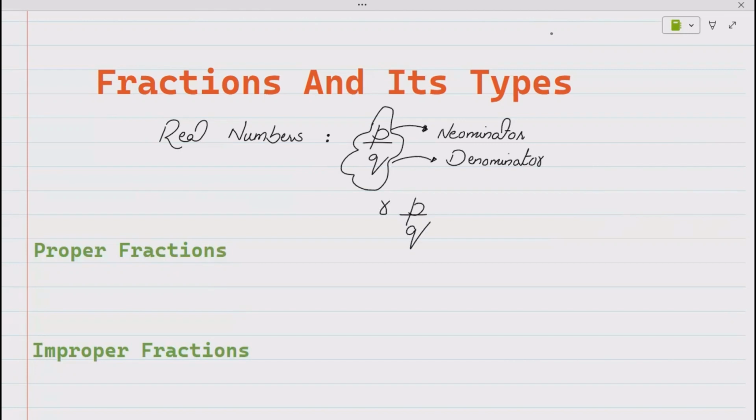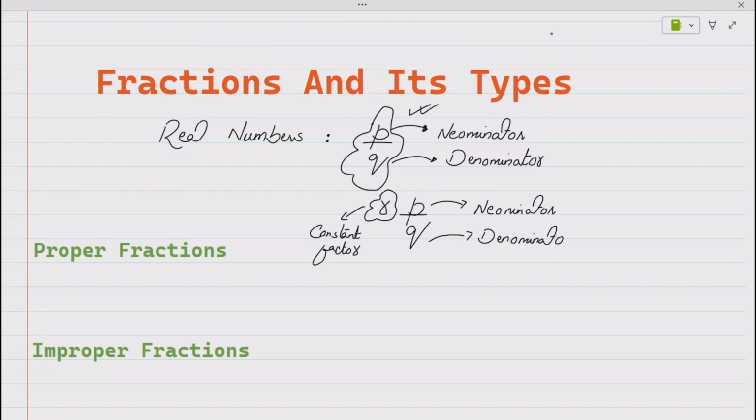So here again we have a numerator and a denominator, and this R is known as the constant factor. So fractions can be written like this or like this, with two numbers or with three numbers.